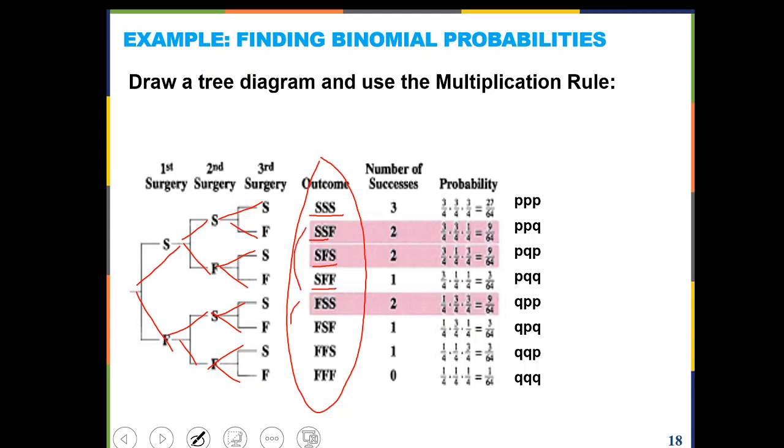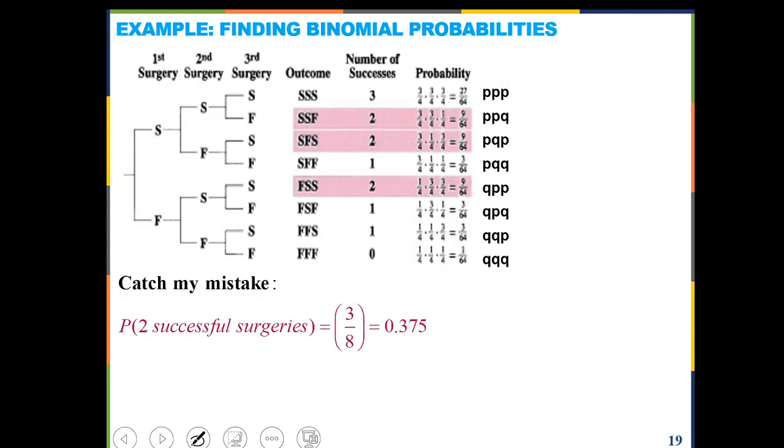And then you could get 1 success in different ways, and then you could get no success, of course, only one way. Only one way you could get 3 successes, only one way you can get 3 failures, but there are 3 different ways you can get 1 success, and 3 different ways you can get 2 successes. Now, the calculations, I'm going to make a mistake here, and you caught my mistake, right?